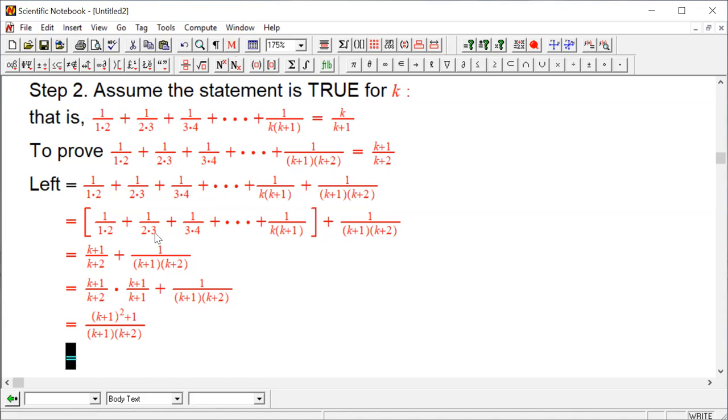When we FOIL the top, we still keep the same denominator. So we're going to get k squared plus 2k plus 1 plus another 1.